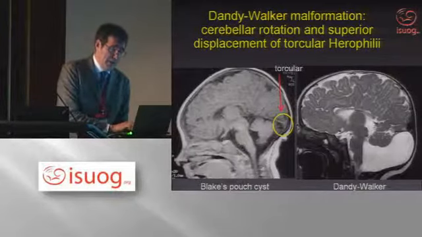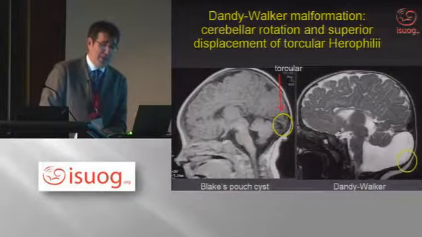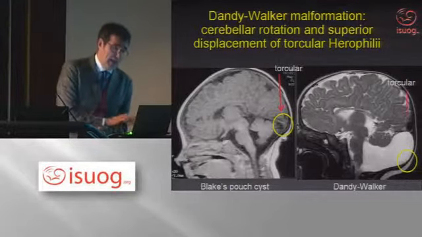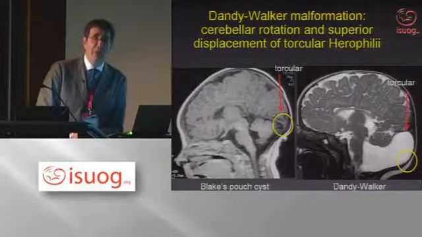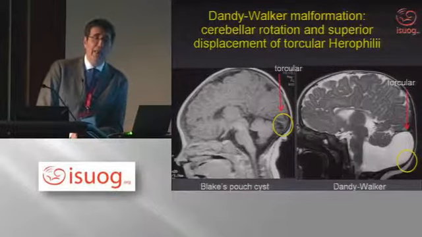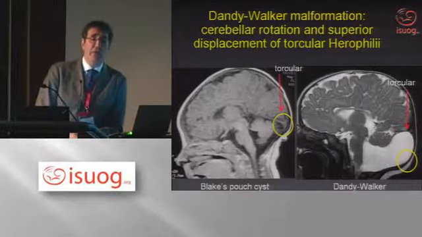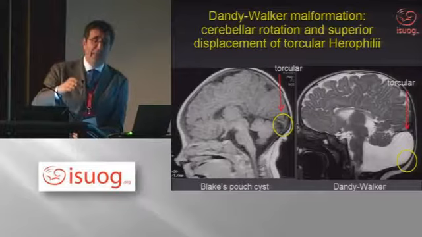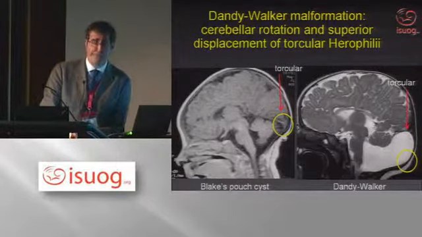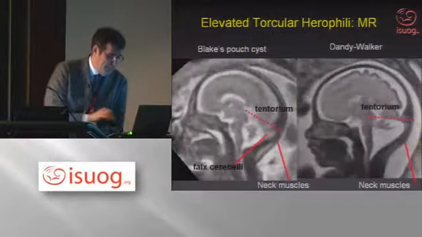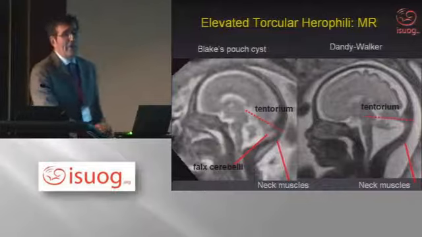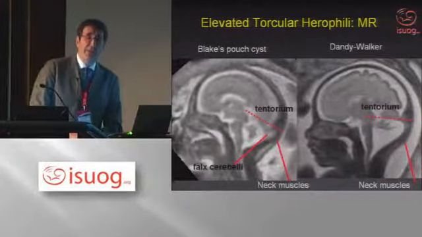But when you have Dandy-Walker malformation, the neck muscles, you can see them, are implanted down there, and the torcular is several centimeters above. That is the main finding. Also, you can notice, while in the Blake's pouch cyst, the tentorium is down slanting, with Dandy-Walker malformation, it has become horizontal. This is very easy to see, particularly with antenatal magnetic resonance.